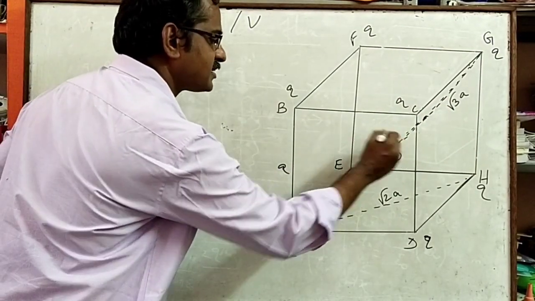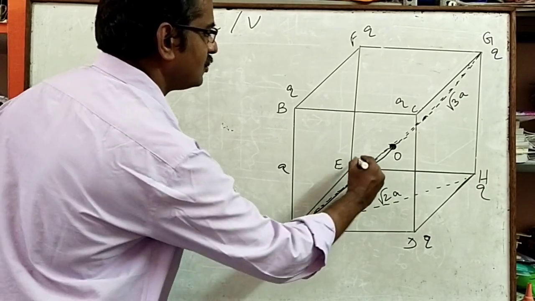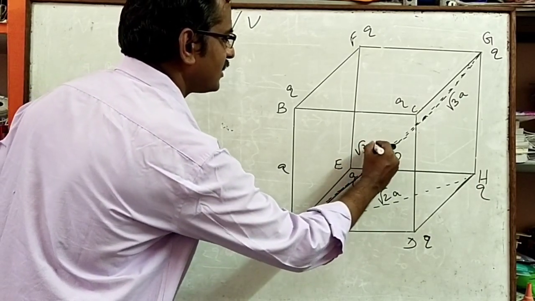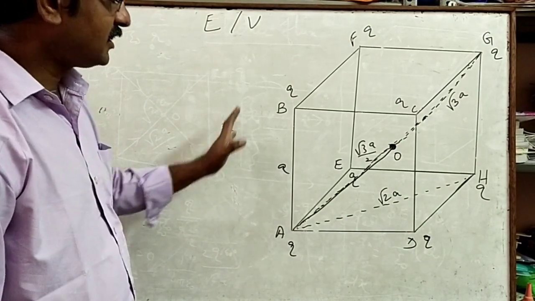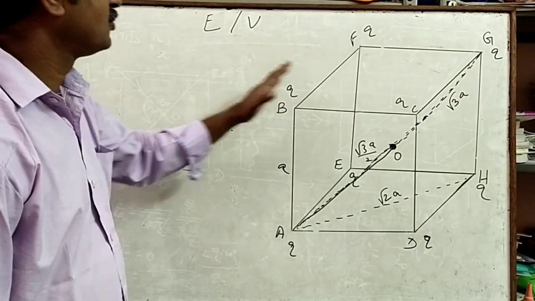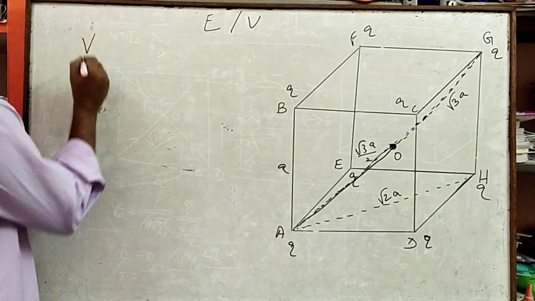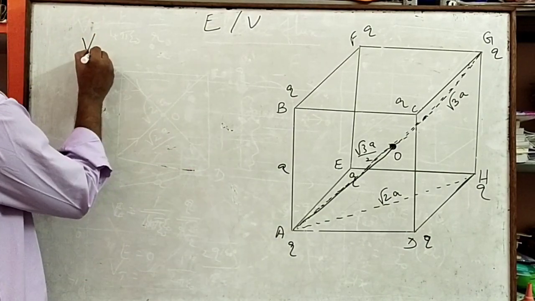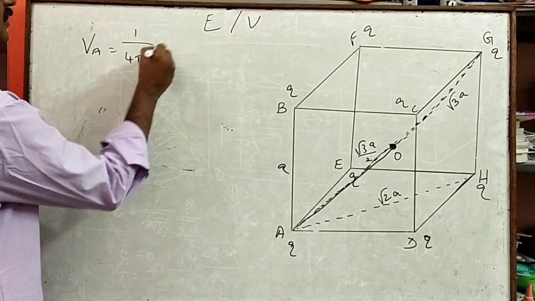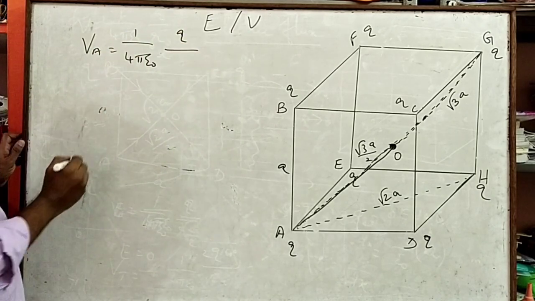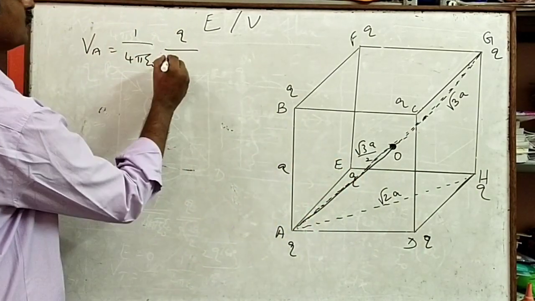Then the distance to the midpoint will be root 3 times A divided by 2. Now the electric potential at the center of the cube: the potential due to a charge at A is 1 divided by 4 pi epsilon naught, q divided by the distance, which is root 3 times A by 2.